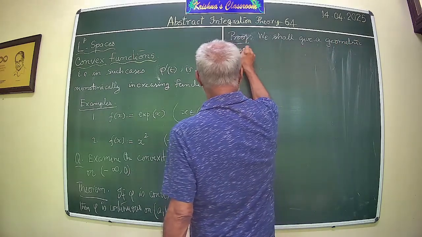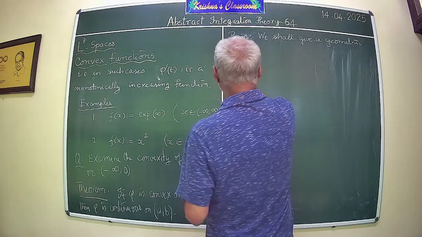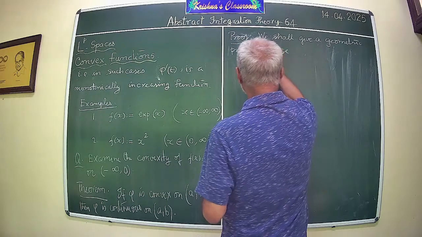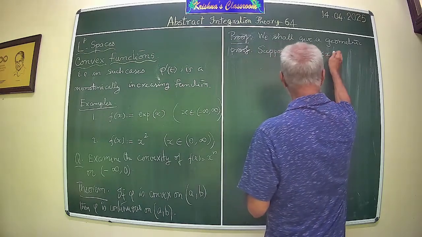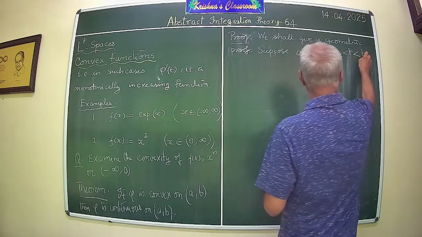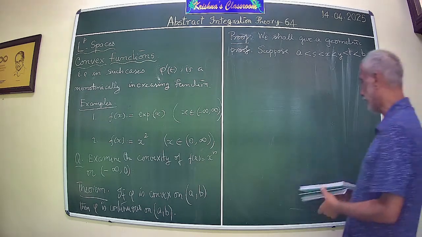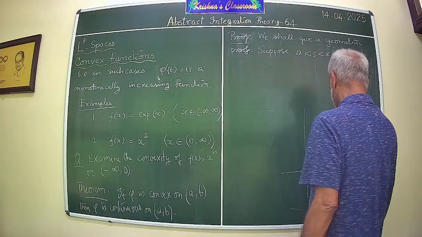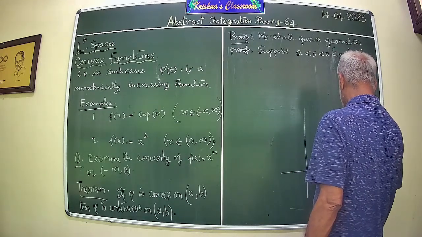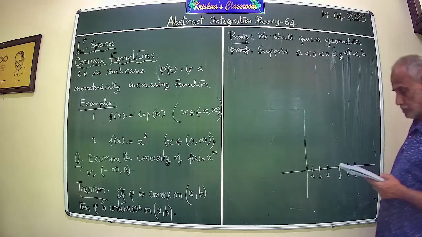Geometry. Suppose A < X, S < X < Y < P. Now phi is a convex function.